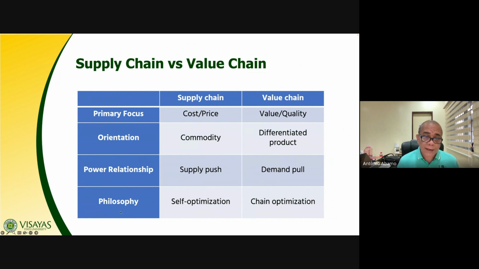The philosophical scaffold in supply chain is self optimization, while value chain is chain optimization. In other words, when you meet the requirements of the customer, then the value chain will also be more dynamic.